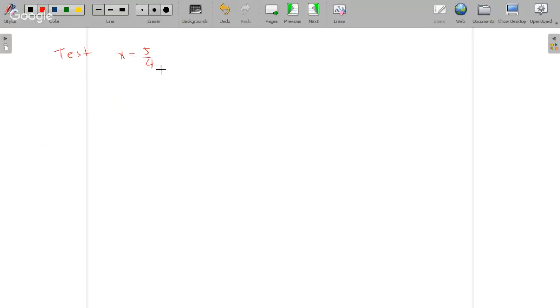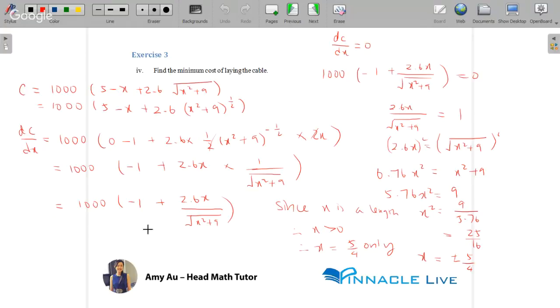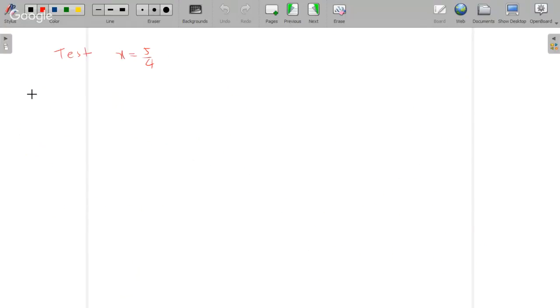So let's copy the derivative across first. Now, usually, well, the previous two questions, I've done it using the second derivative. I'm not keen on differentiating that.